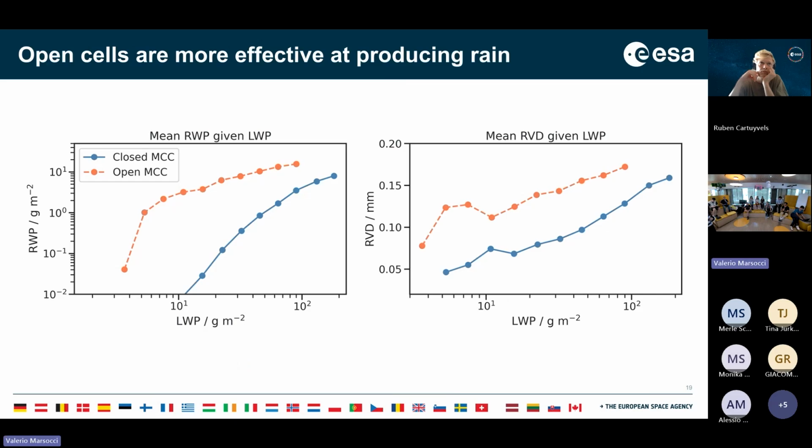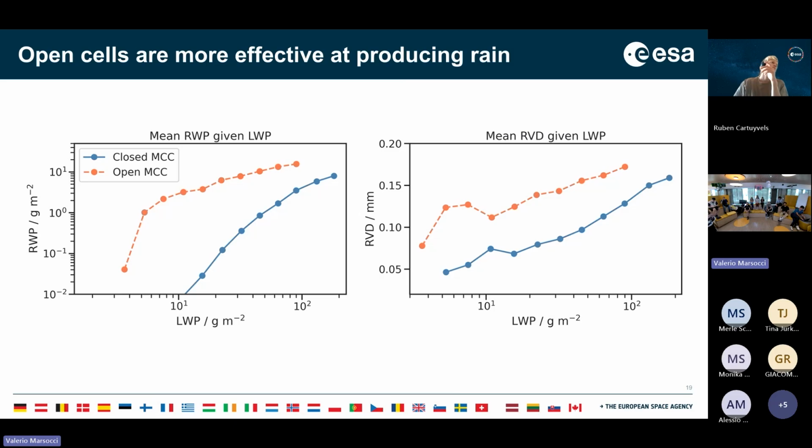So I mentioned here that we see, on average, relatively similar liquid water paths, but higher rainwater paths in open cells. So this means that apparently the production of rain is much more efficient in open cells. And this is what's shown here. In the left plot, we see the liquid water path against rainwater path on the y-axis.